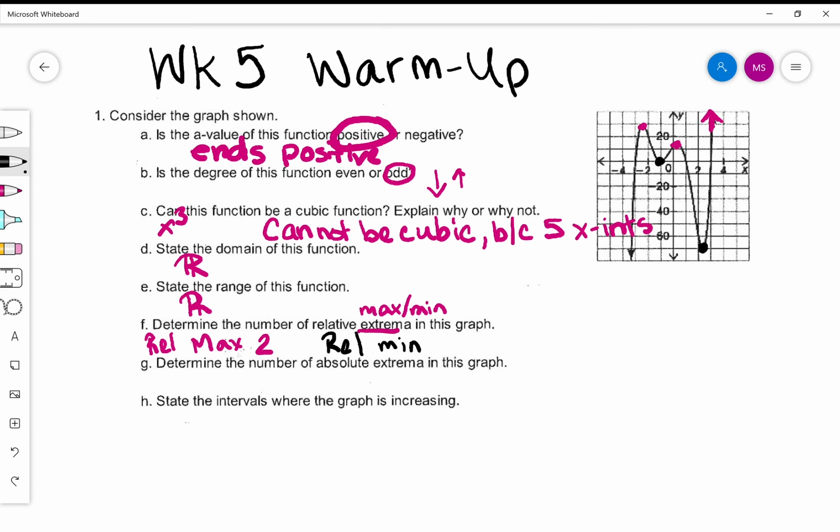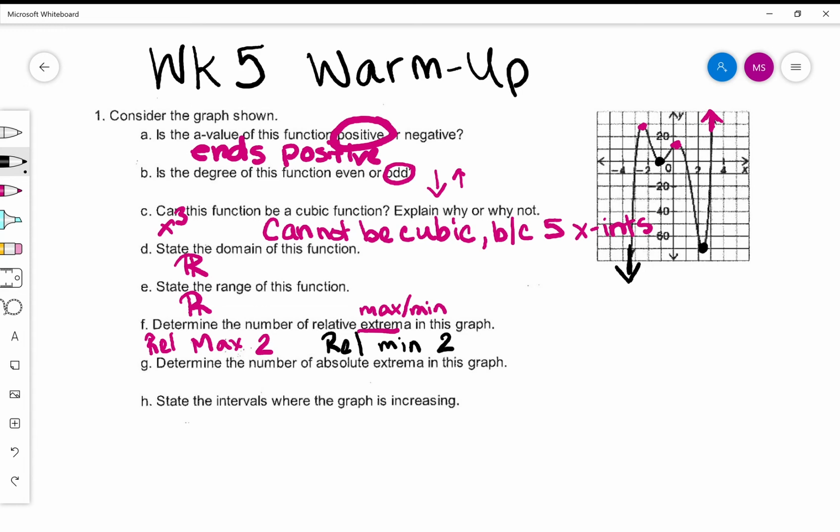Again, looking at the left-hand side, this tells you that your graph's going to continue to go less than, tends to negative infinity. So these minimum values are relative because they are not the absolute minimum value since your graph continues on. All right, so the relative mins is also 2 in this graph.